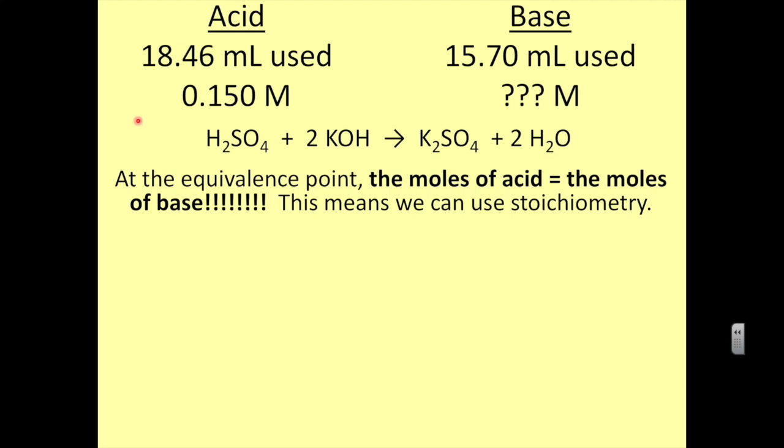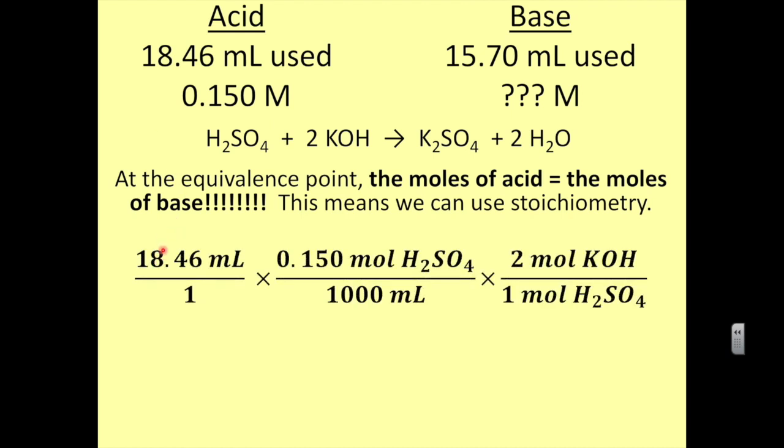So again, the moles of acid equals the moles of base in this example, okay? So I have my volume of acid, and I multiply by my molarity of acid. That's my moles divided by liters, or 1,000 milliliters. And then I use the mole ratio to convert to my moles of my base, my potassium hydroxide.